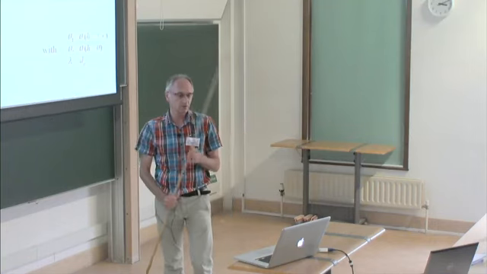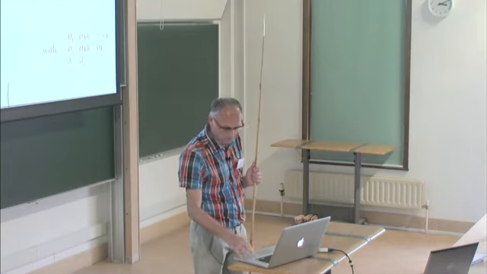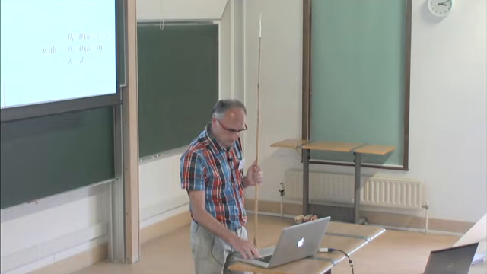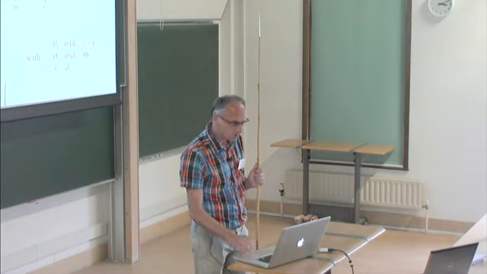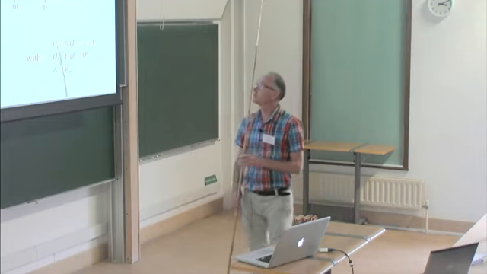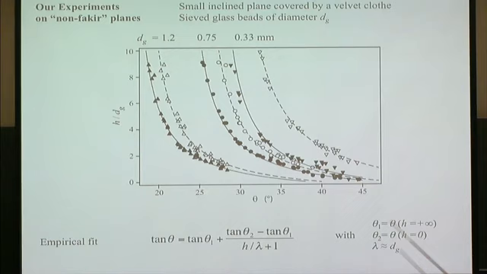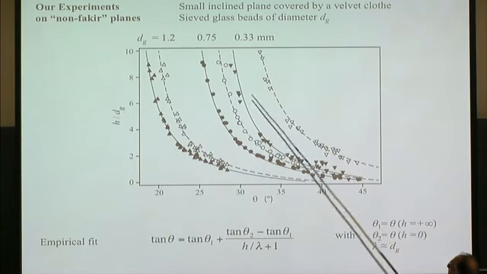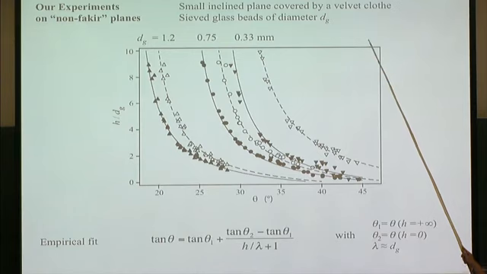a hyperbolic one. It is not very important, but we have done the same kind of experiment with glass beads of different diameters on a plane covered by velvet cloth, and we use this sort of law.